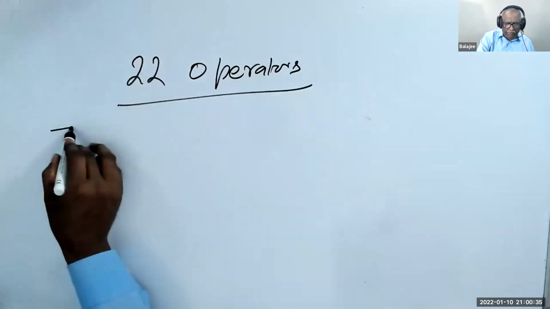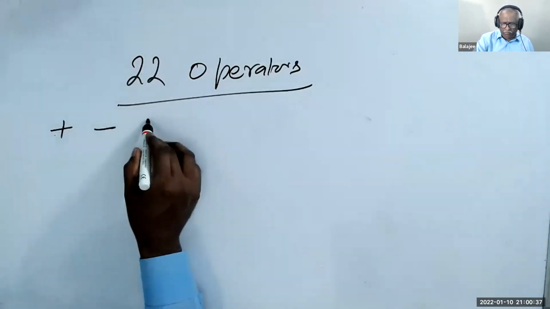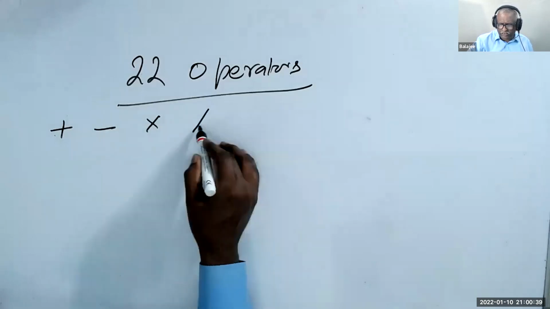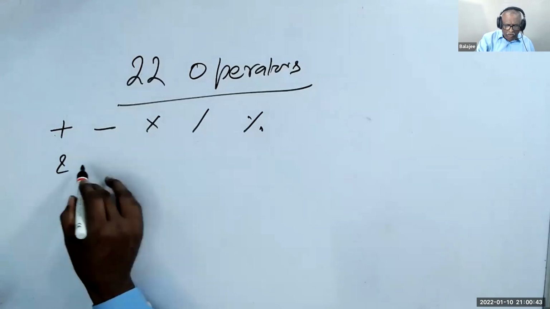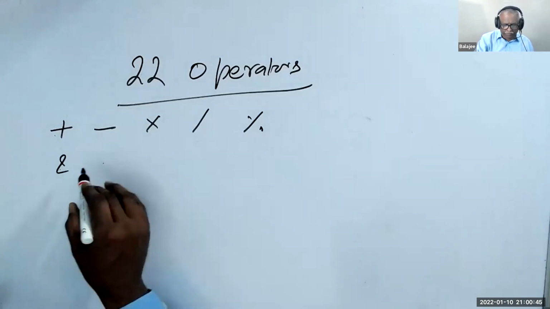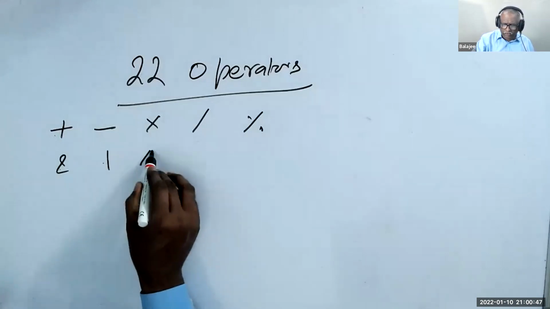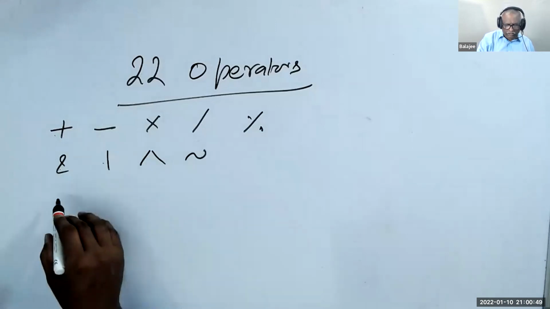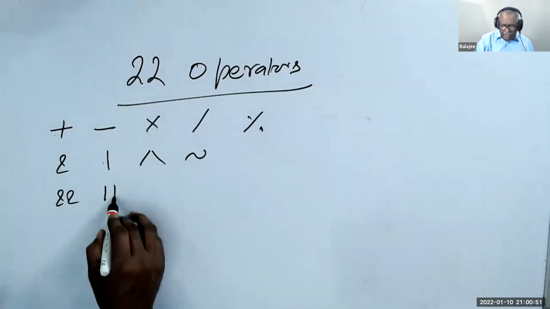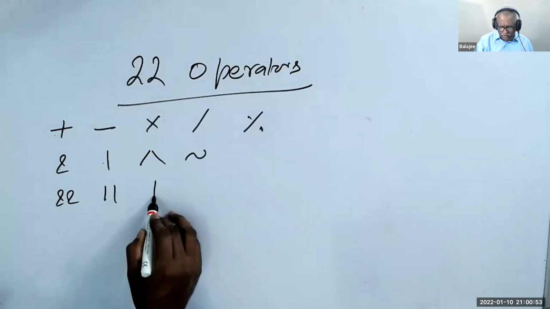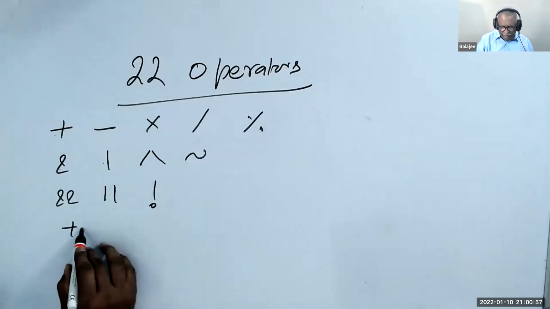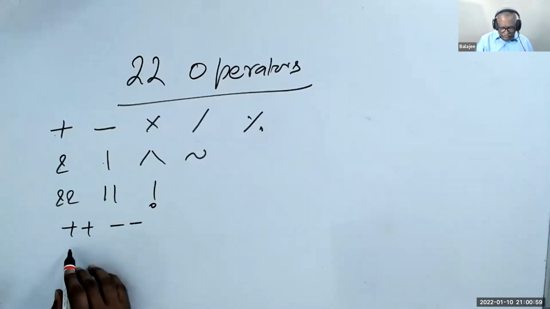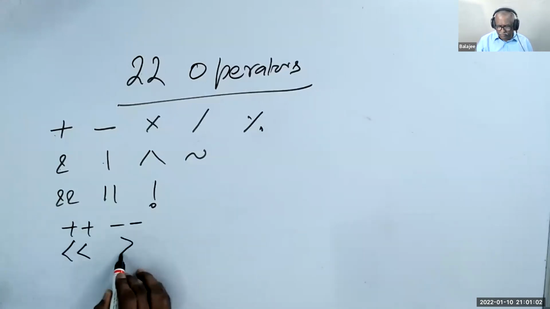That is arithmetic: addition, subtraction, multiplication, division (quotient), and modulus (remainder). Then bitwise operators: and, or, not, XOR, and logical operators: and, or, not. Then increment, decrement, left shift, right shift.